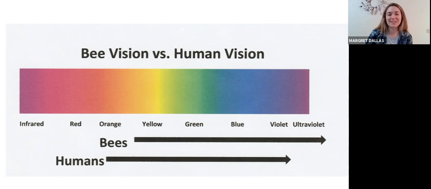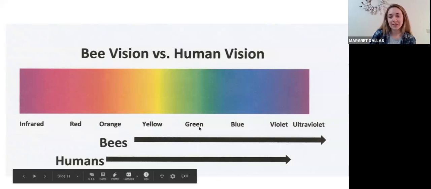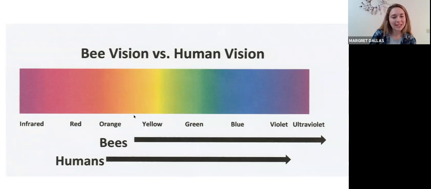And so you and I, we see what we consider to be the rainbow. So red, orange, yellow, green, blue, violet. However, bees are slightly shifted in their vision and what wavelengths they can interpret. They really can't see orange and red very well, but they can see yellow, green, blue, violet, and ultraviolet.